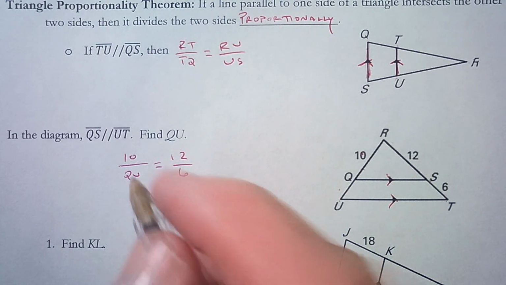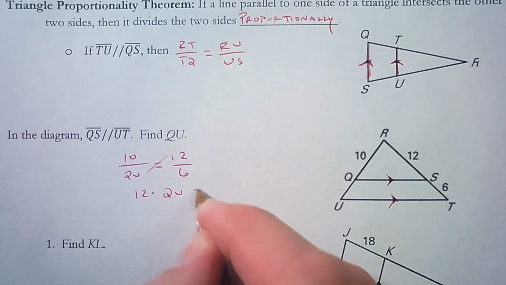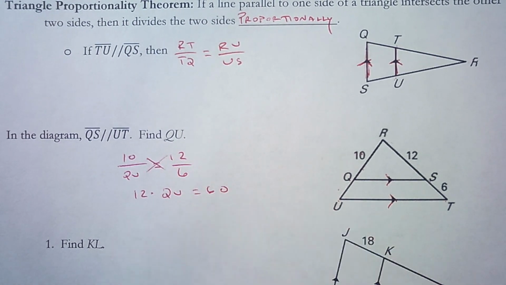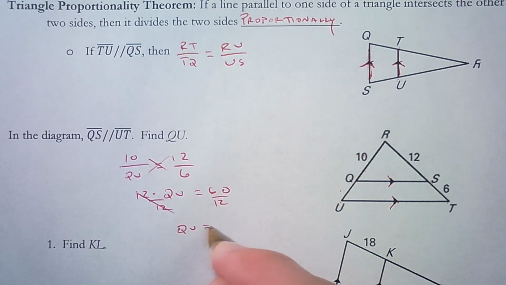Okay, so I can do some cross products here. I've got 12 times segment QU equals 60. And 60 divided by 12 is 5. So the length of segment QU is 5.